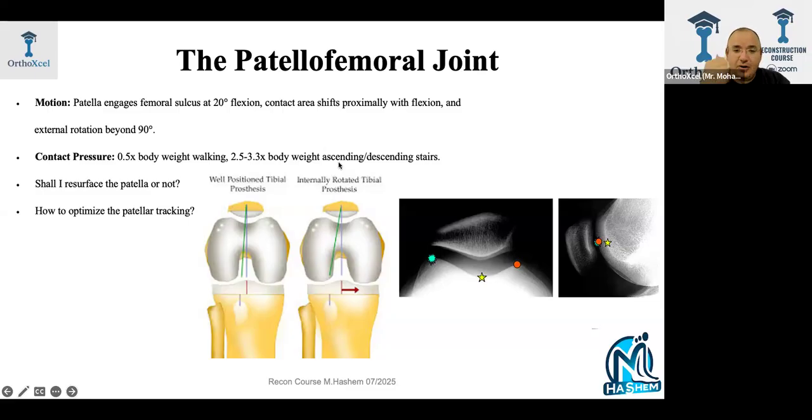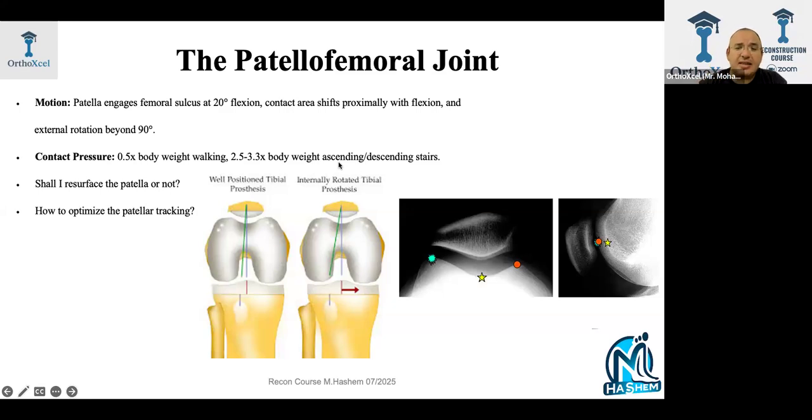That's why you need to be careful when you're doing your releases, and the geometry of the component must allow the screw home mechanism to happen. If you look at the tibial and femoral components, you see that the screw home mechanism is replicated.